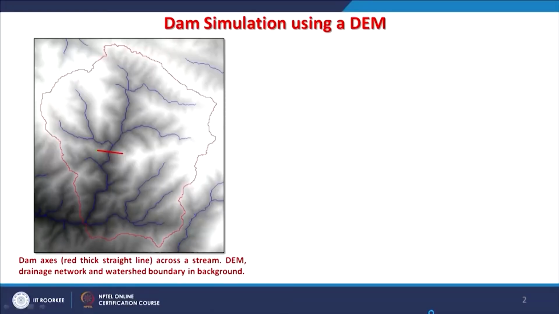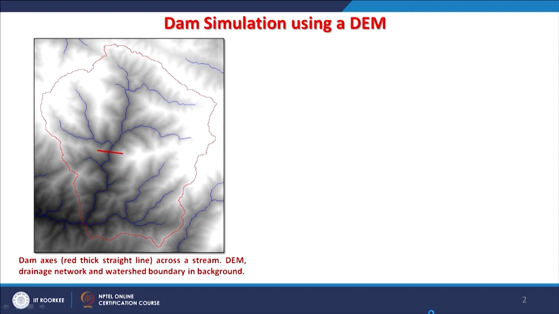As you will see, the main input in dam simulation is a digital elevation model. That topographic surface will help us find out various options or various scenarios along a channel or in a watershed or a basin.